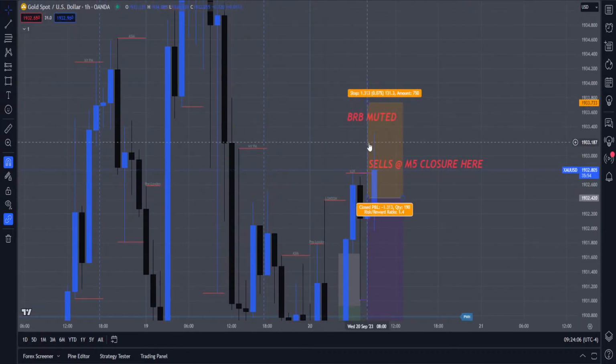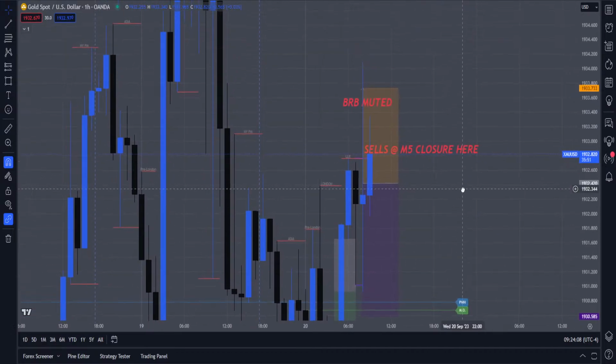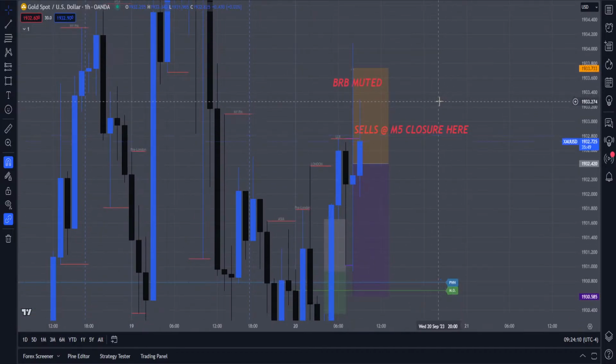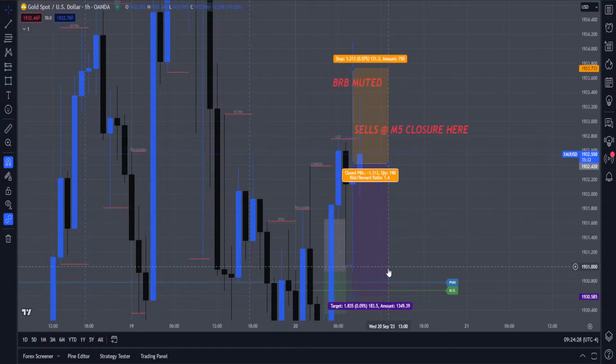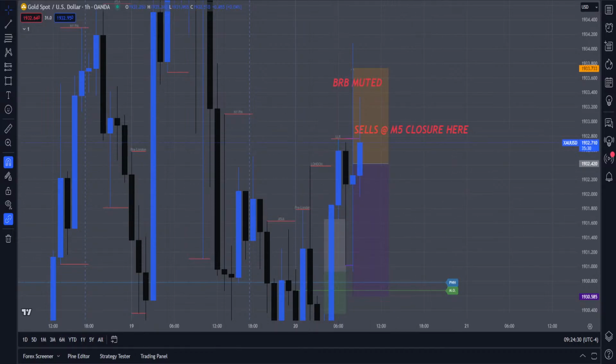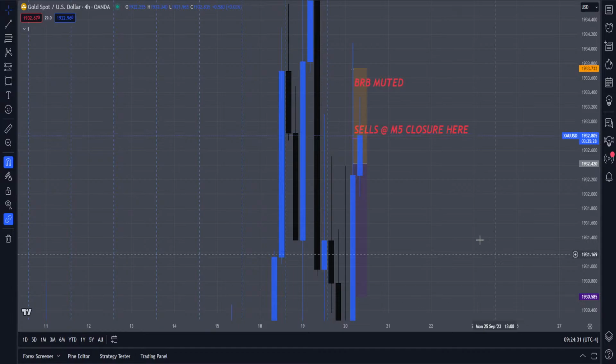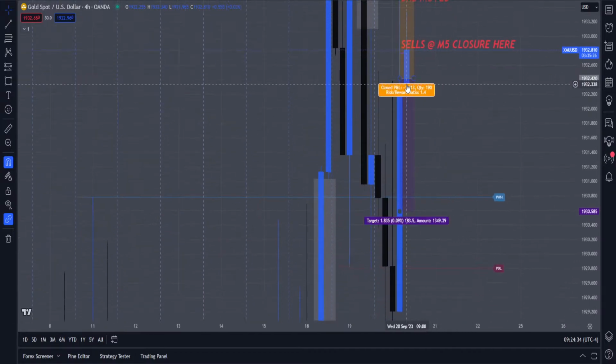On the hourly, looks pretty bullish to me. Four-hourly candle just started.